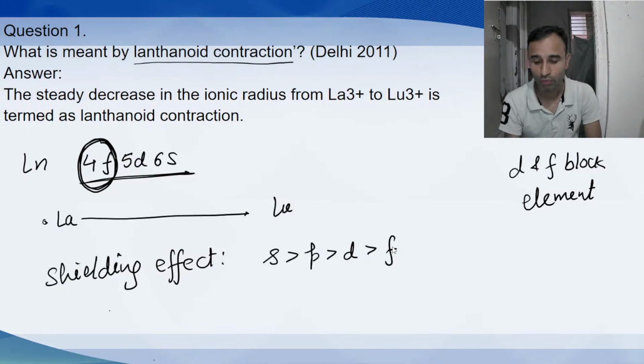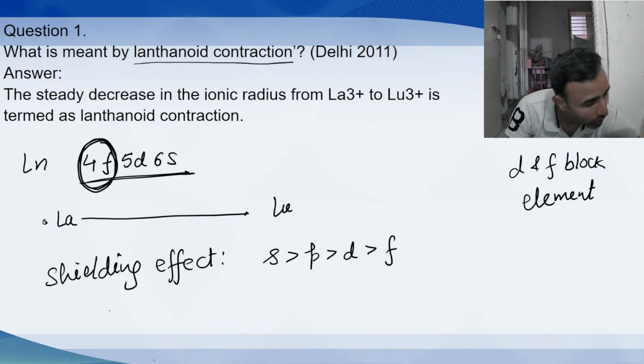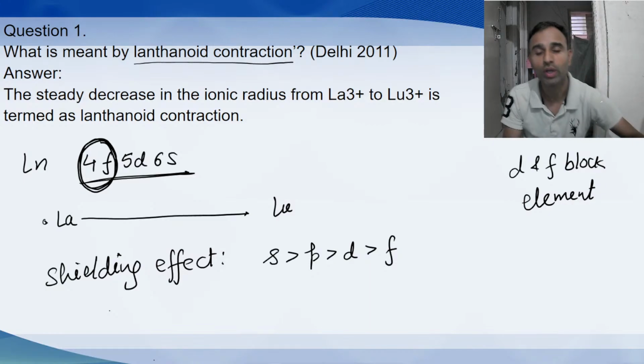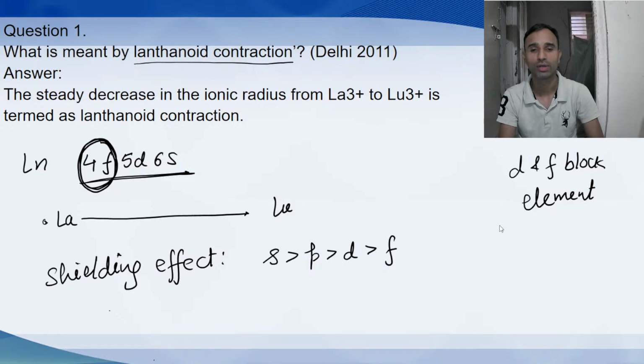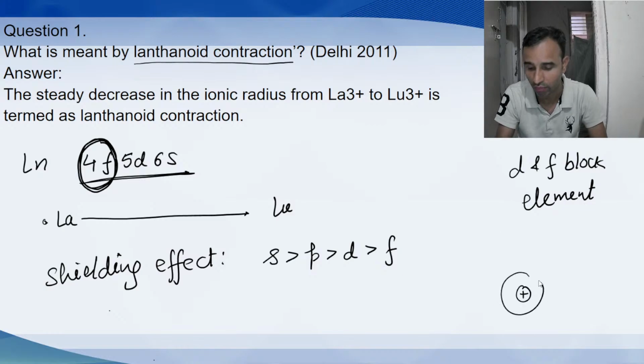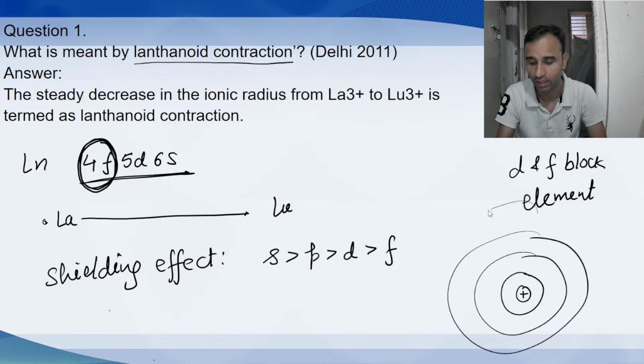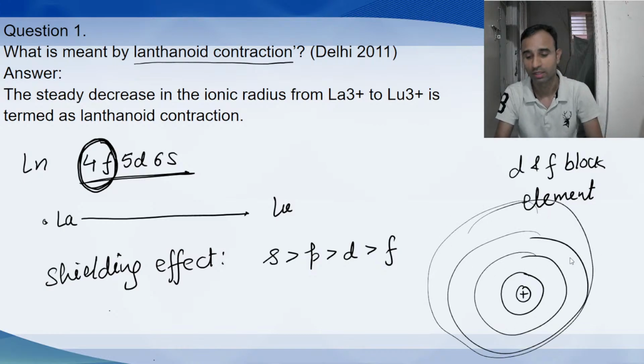That's why effect of nuclear charge is more, because when electrons are filled in different shells, one electron and one proton are added at the same time.